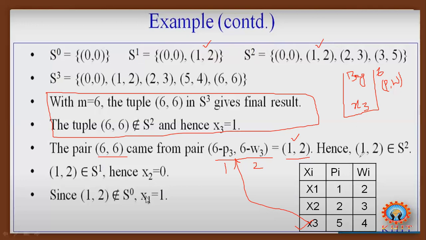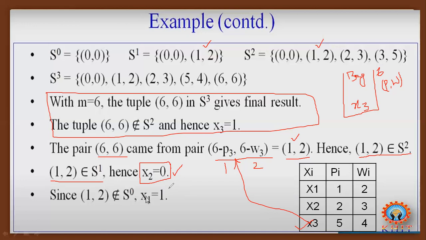If the same pair is available in both, you can simply ignore selecting the second item. If you ignore selecting the second item, x2 equal to 0 stands for the second item not being selected.